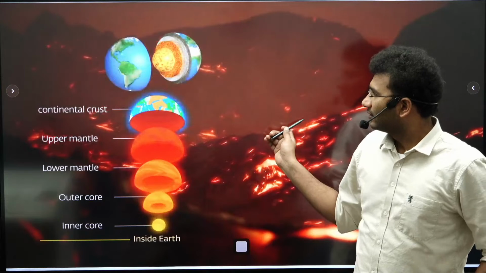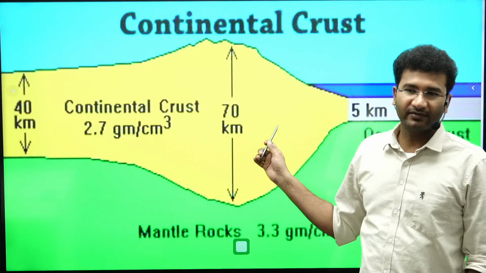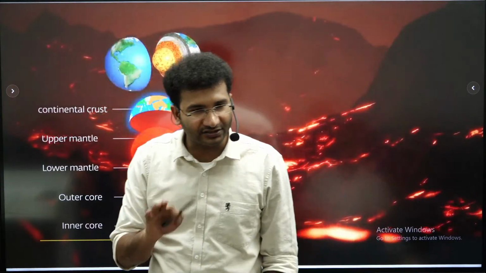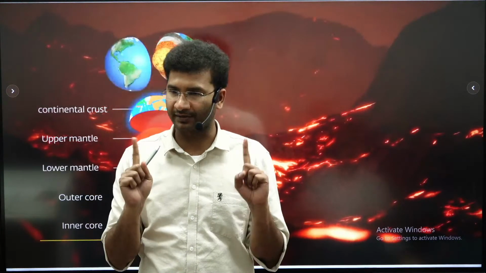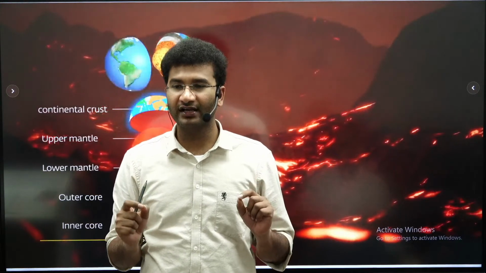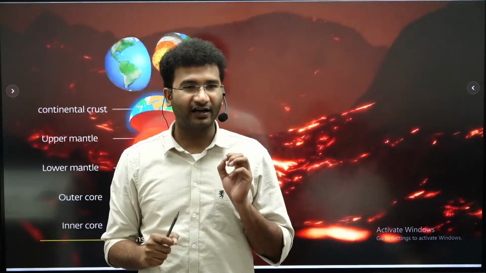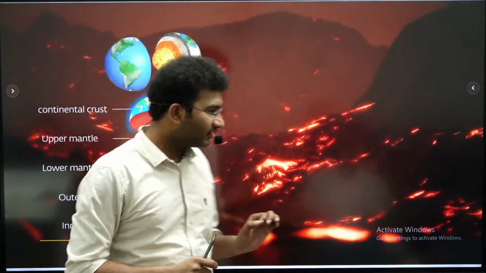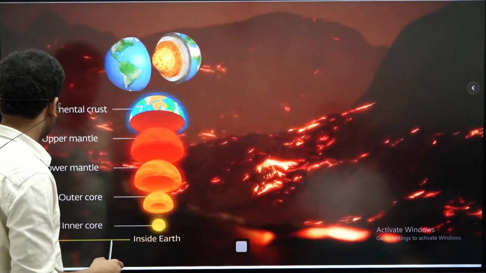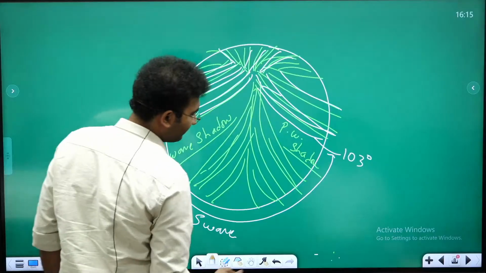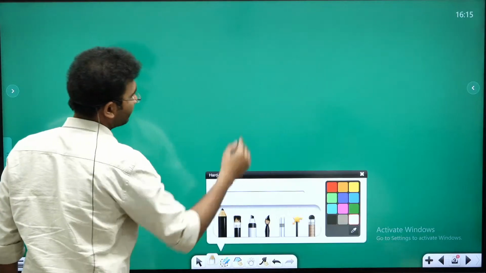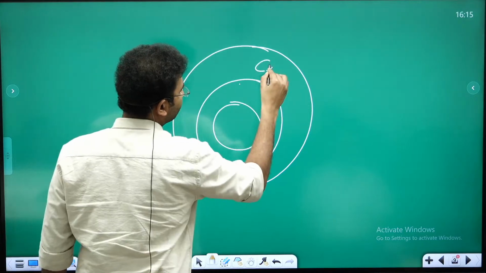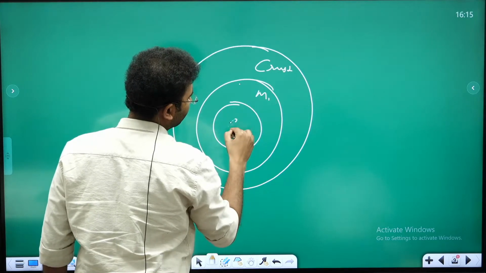Clear? Now if you study more specifically, the structure of the interior of the earth can be divided into two different types. One based on the chemical composition of the earth, and the other based on the mechanical composition of the earth. You know that the earth has a core, right? The earth has a mantle, the earth has a crust. Suppose you study the earth as crust, mantle, core.